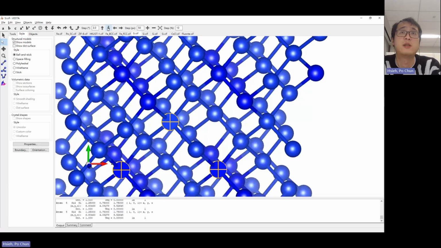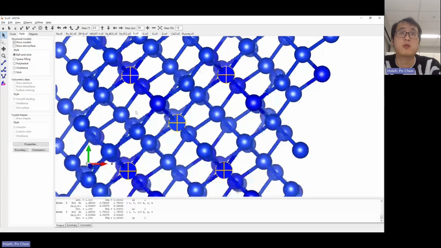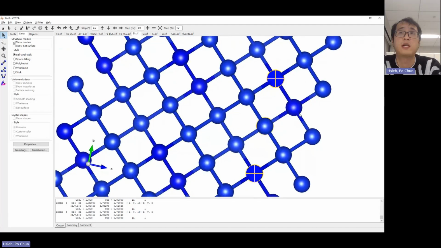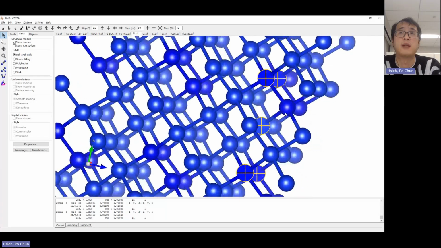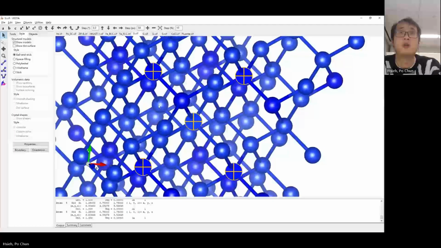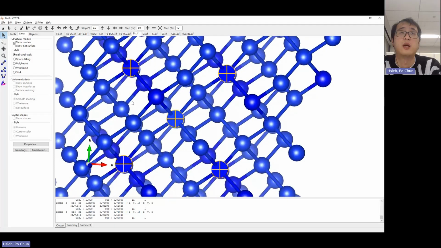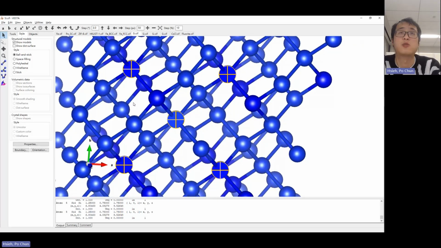And also this one and this one, right? They all look the same. We cannot differentiate between them. And after that, if we rotate the crystal, we can find out that they're actually lying on the same plane. So actually, the crystal structure of silicon crystal is a face centered cubic crystal.